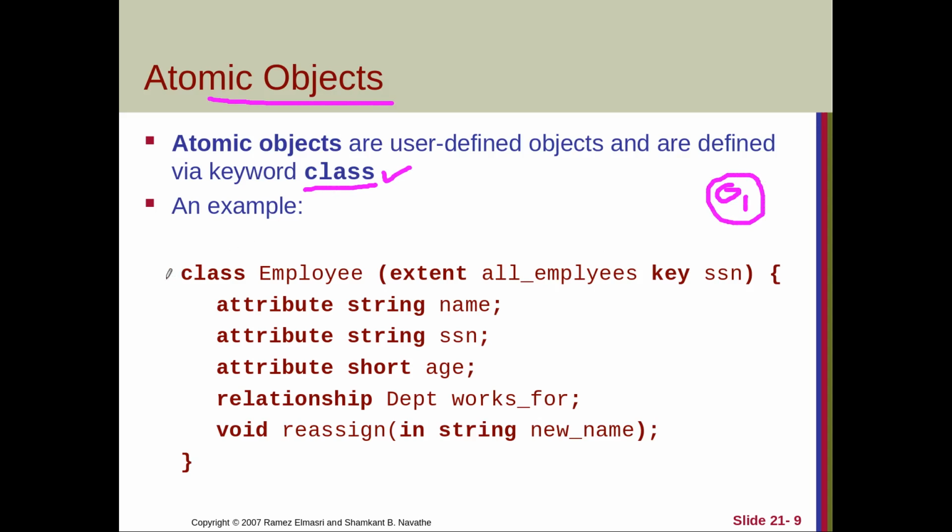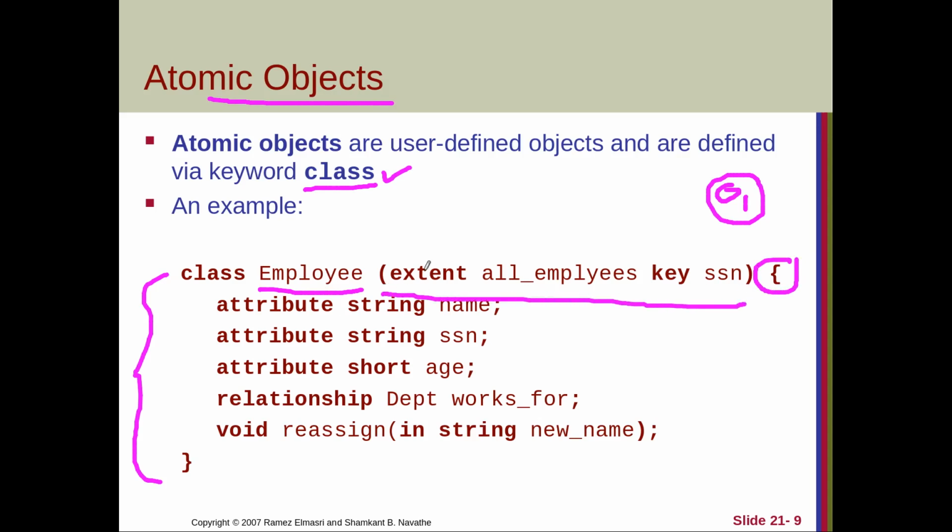We will see one example of how to create a class. This is the specific syntax followed in the ODMG model. It is almost similar to C++, but there are some differences. Class employee, this is the name of the class. Normally in C++, just after class employee we start with the opening curly bracket, but here you can see something extra.